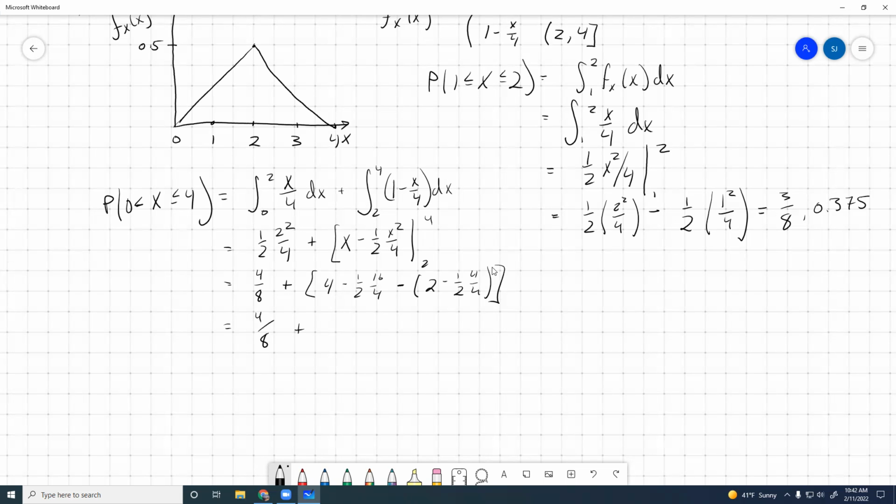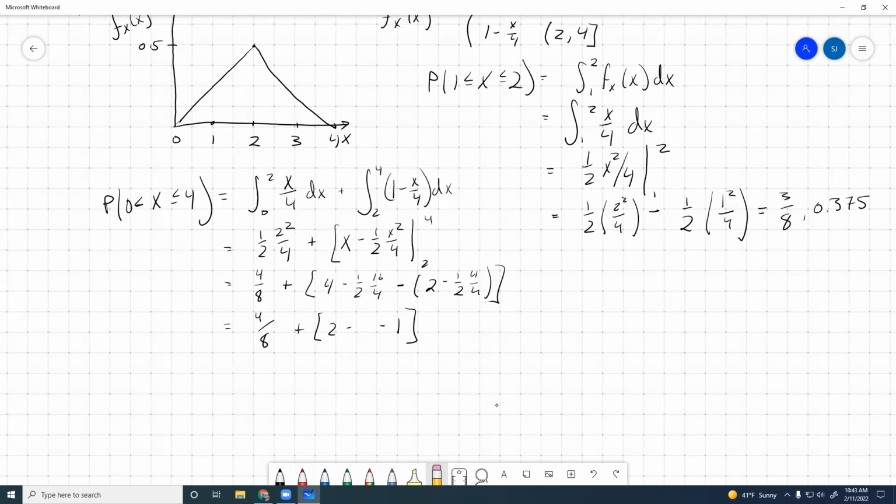4 minus 2, right? So 4 minus 2 minus, and then this is 0, right? 2 minus, no, that's just 4/4. 2 minus 1. So minus 1. So that should be 0, or is that plus? Wait, did I do something wrong here? Should be 1/2, right? Doing math on the fly.